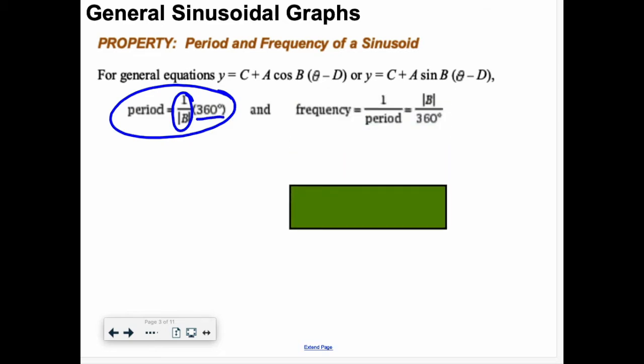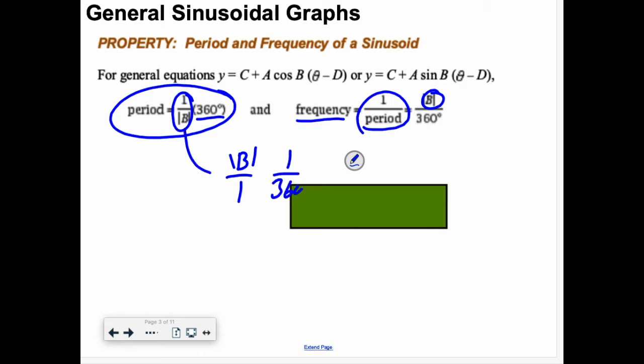And then the frequency is just 1 over the period. So the frequency here is just the original one flipped on its head. And that just happens to equal the coefficient of B over 360. If you're wondering how that happened, well, we just flipped this. And then we flip this, and we just combine some fractions together. Which means that given the frequency, you can find the period. Given the period, you can find the frequency.